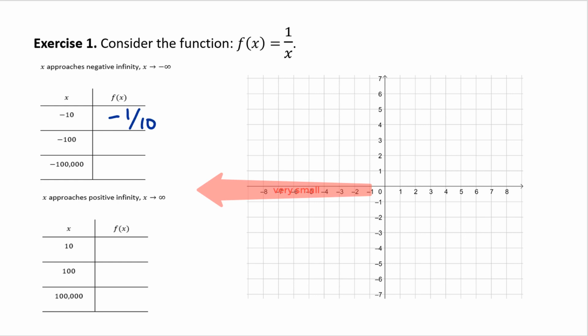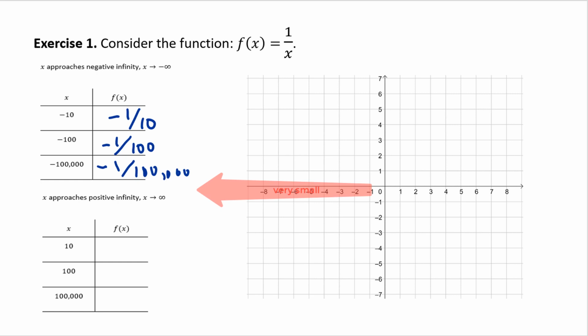If x gets even more negative, like at negative 100, it'll be negative 1/100. And at negative 100,000, it's negative 1/100,000. If you were to write this in decimal form, you'll see that each of these numbers gets increasingly closer to 0 from the negative side.